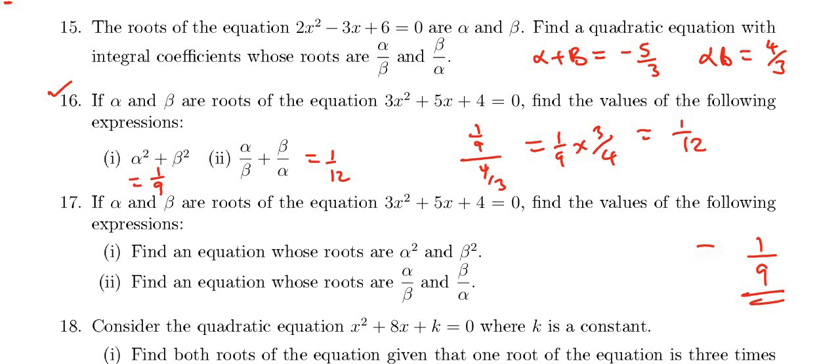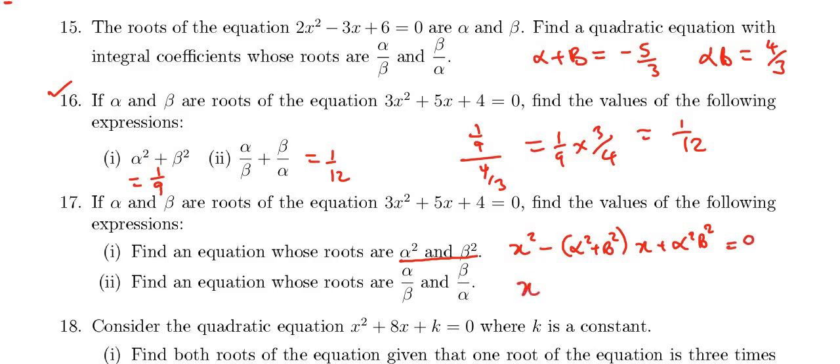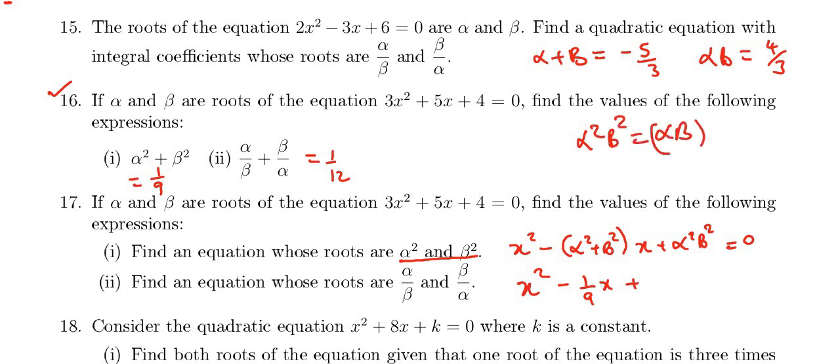So it's the same thing now here on number 17. They're saying derive the equation, so meaning x squared minus the sum of alpha squared and beta squared, then x, then plus the product of alpha squared and beta squared is equal to 0. We already got the sum, this is 1 over 9 x. Alpha squared times beta squared is the same as alpha beta squared, so this is the same as 4 over 3, then squared, right?